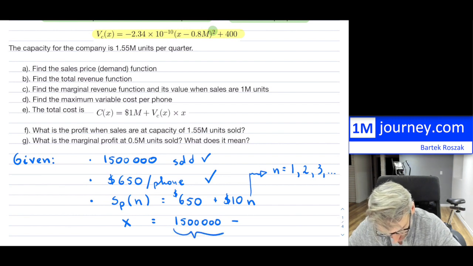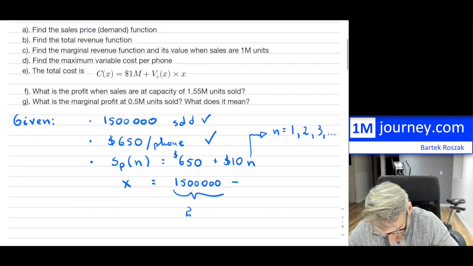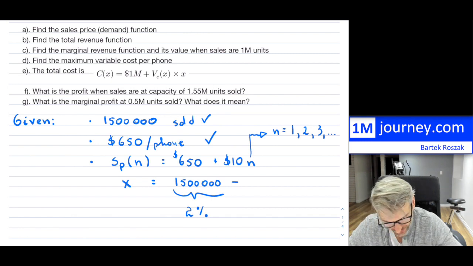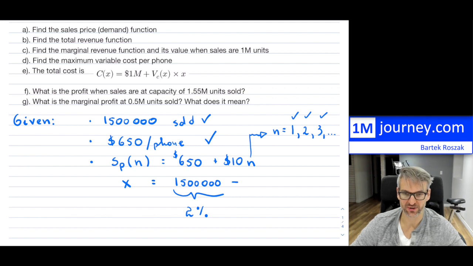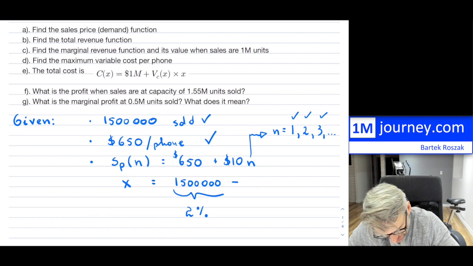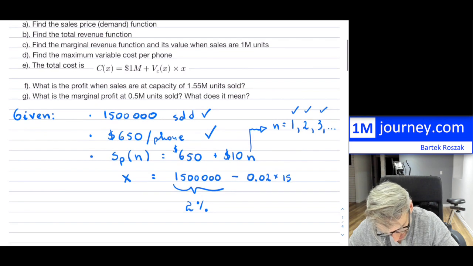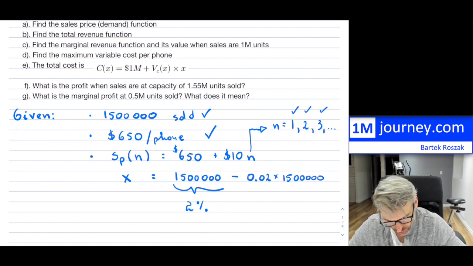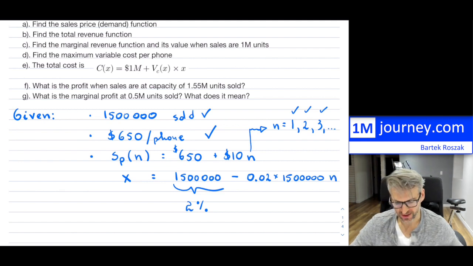So every time I do an increase in price, it drops another 2%, and so on. In order to model this, it is 0.02 times the 1.5 million. So that's a 2% drop for every time that I increase the price.